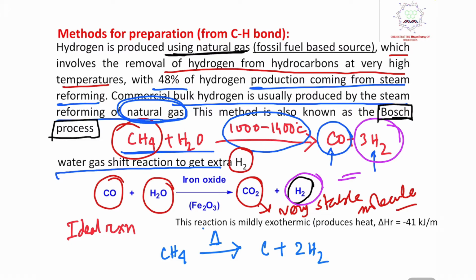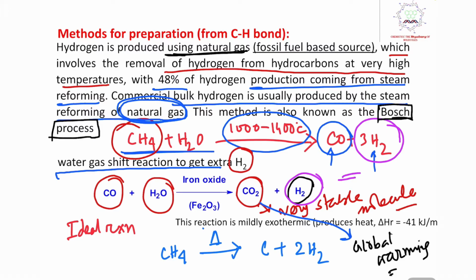So what is the negative point of this Bosch process? The negative point is the ultimate CO2 emission. We know such CO2 emission is responsible for global warming. Day by day we are accumulating excess CO2 in the atmosphere. Consequently, average global temperatures are increasing, and it brings about many natural calamities.